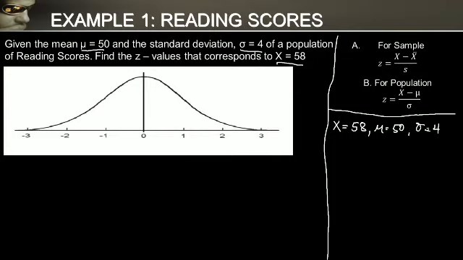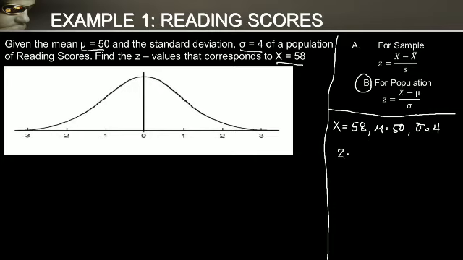Nakadepende po ito doon sa kung paano sinulat yung mean at yung SD or yung standard deviation, kung ito ba ay naka-Greek letter or hindi. So, since as of this problem, ang value ng mean ay naka-Greek letter, gagamitin natin yung formula for population.